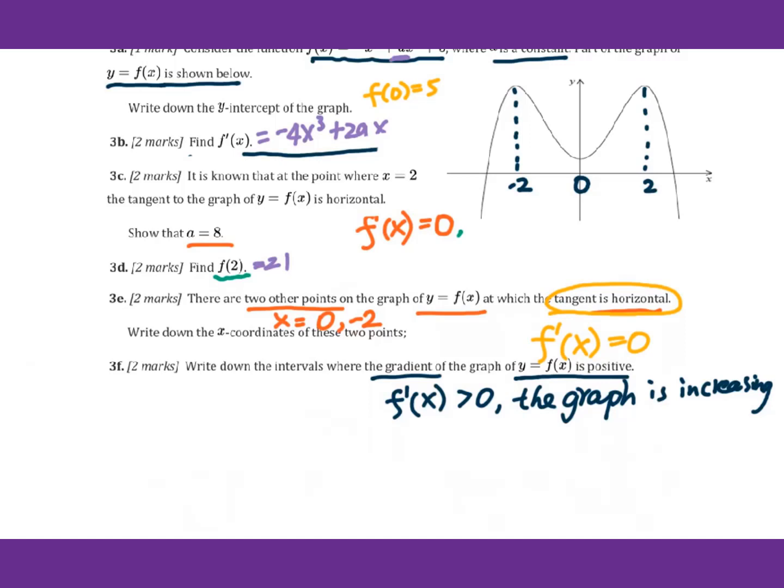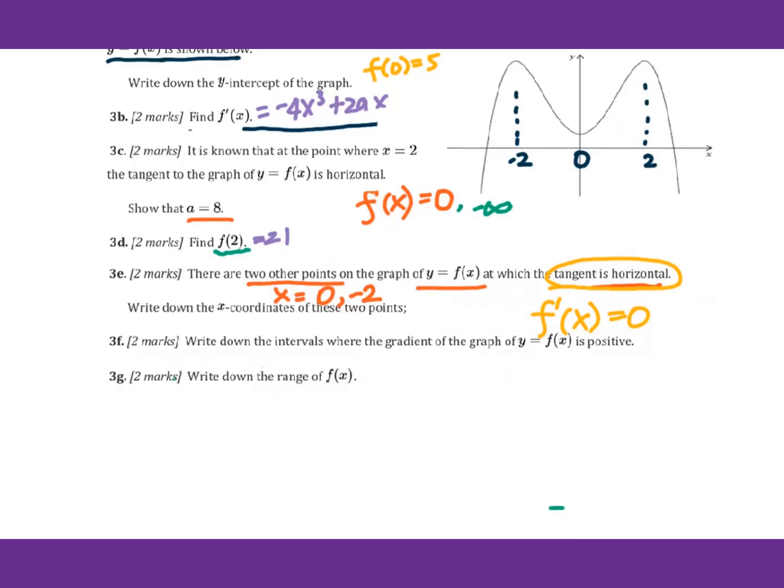From this given graph, we know from here to here is increasing. This is increasing. So this will be negative infinity to negative 2 and from 0 to 2. Therefore, the interval will be negative infinity to negative 2 or from 0 to 2, where the gradient of the graph is positive.